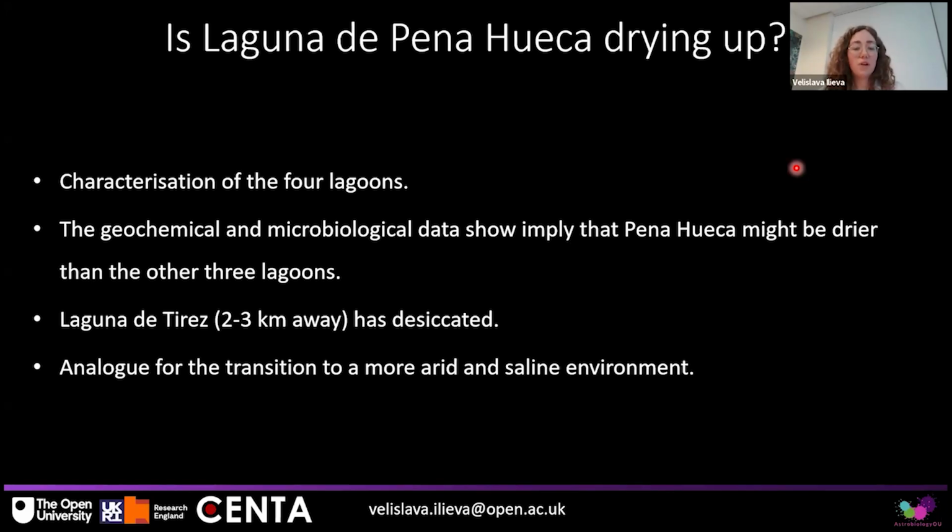Penahueca is very close to that, and a recent study also came out saying that the underground water table at Tirez and Penahueca is much lower compared to previous years, which likely contributed to the complete desiccation of Tirez. The same process might be happening at Penahueca.